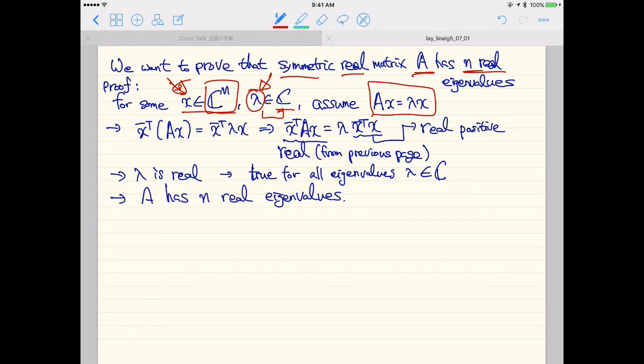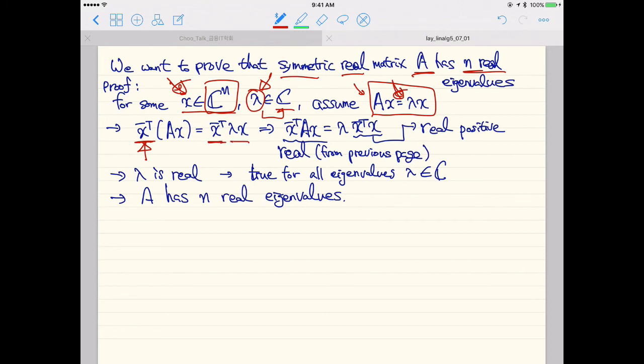And then let's just multiply on each side by x bar, or x conjugate transpose. And then we also multiply on the right hand side, and then we have this.